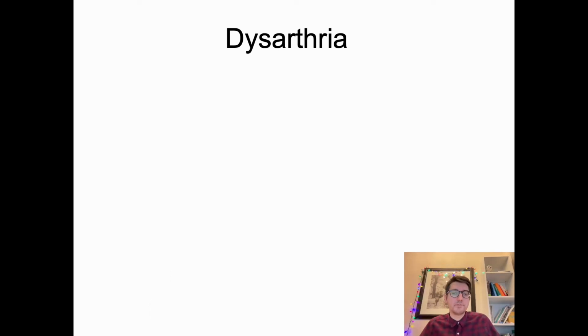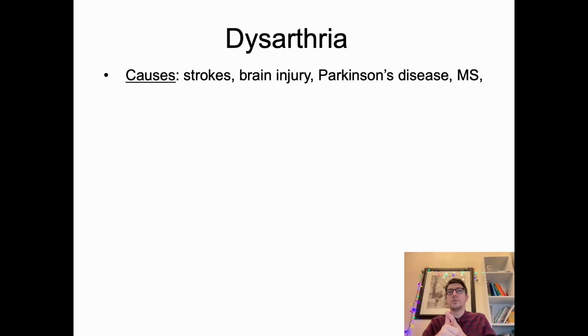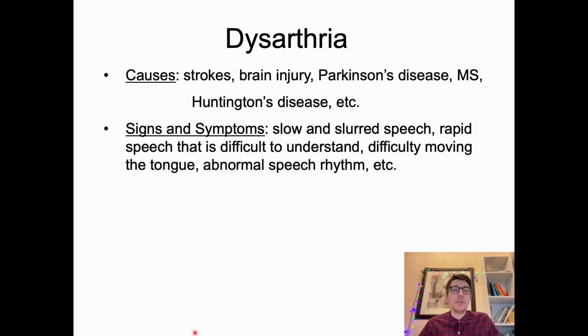The causes of dysarthria can be strokes, of course, brain injuries, Parkinson's disease, and MS or multiple sclerosis, Huntington's disease, etc., etc. So all of these can lead to dysarthria, to the weakness of the muscles, and the signs and symptoms are, I would say, quite discernible, but it's still good to know about these. Slow and slurred speech. It can also be rapid speech that is difficult to understand, difficulty moving the tongue, abnormal speech rhythm, and so on and so forth.